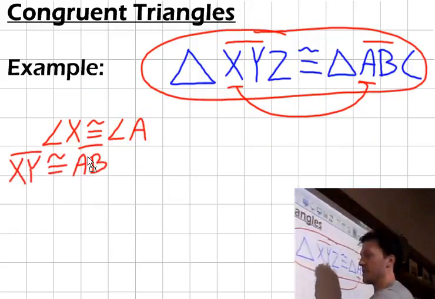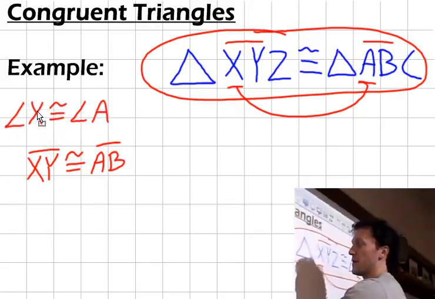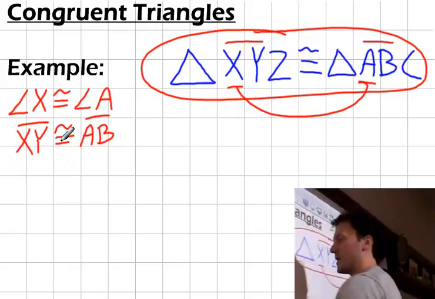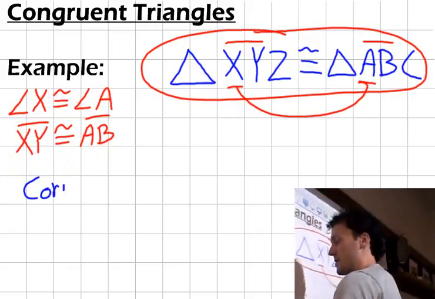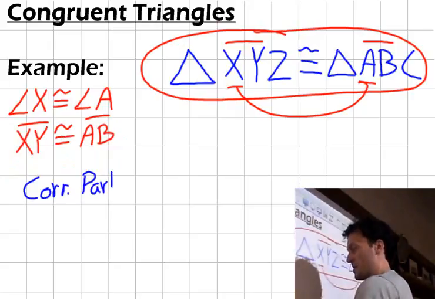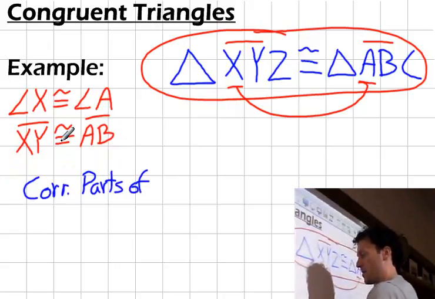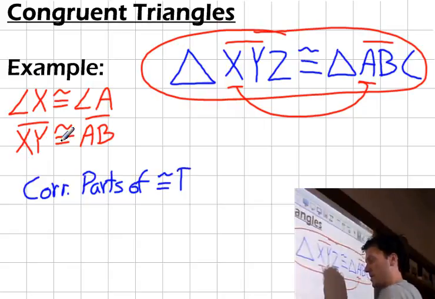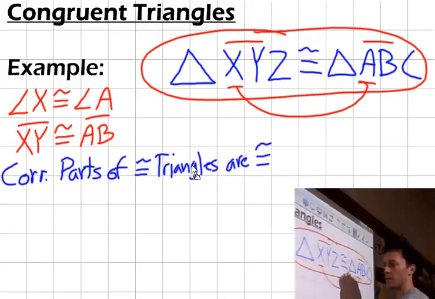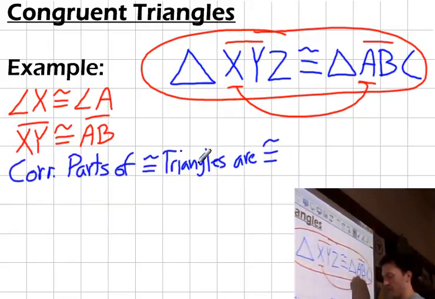And our reason for this, we can write these statements down like this: these angles are congruent and these sides are congruent, because corresponding parts of congruent triangles are congruent.